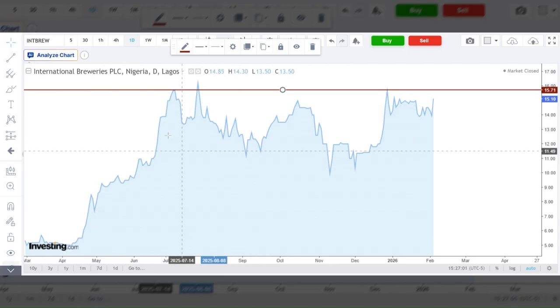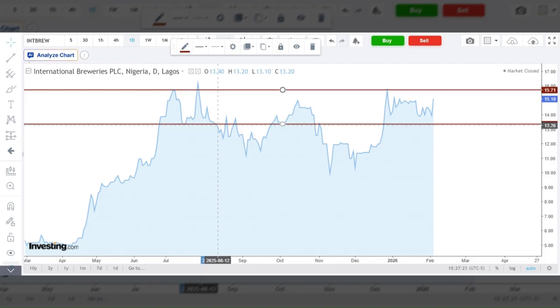So where are we going again? Let's see. Now we put in this one. Okay, we can put another line here. And see it went up here, supported, resisted, then it broke out a bit. So this is a resistance line for here.